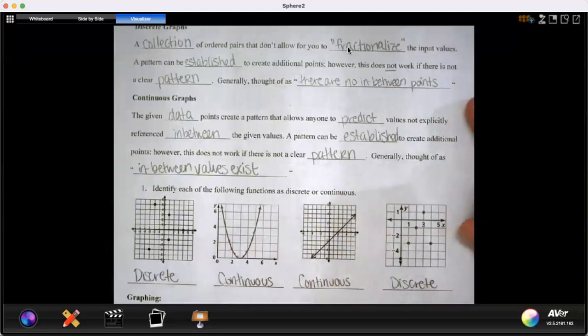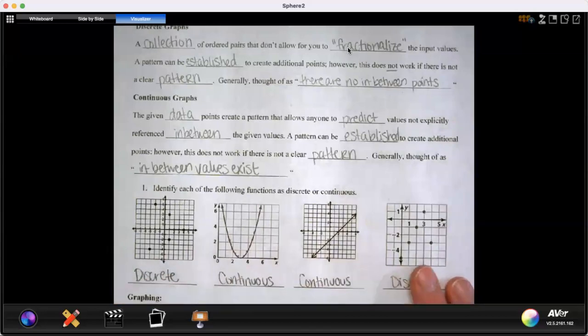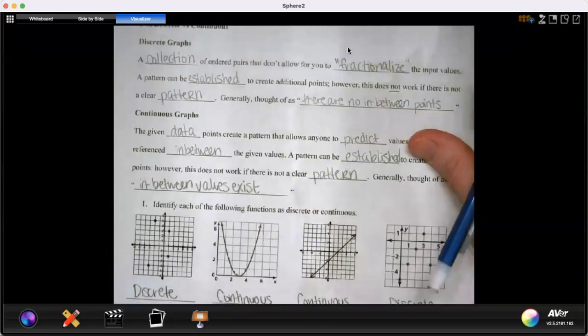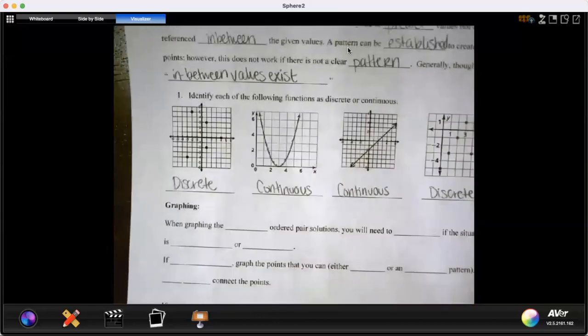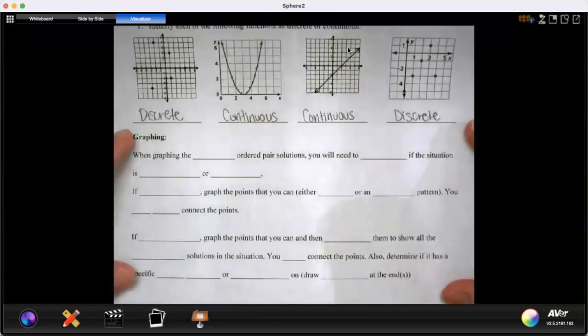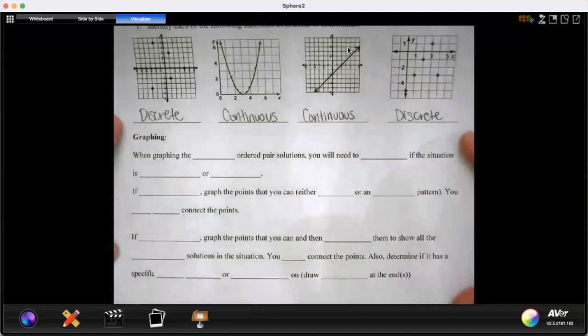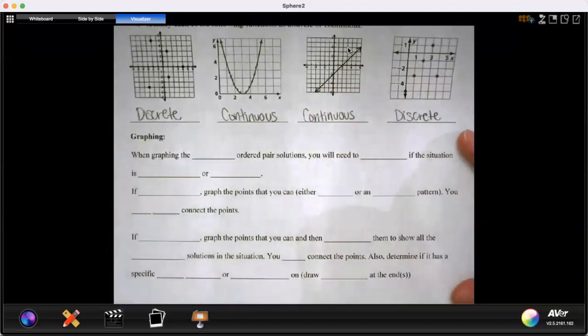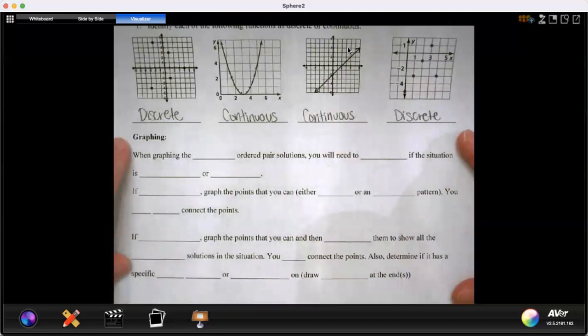So we talked a little bit about what it looks like on paper here with the graphs. Below, let's just fill in a little bit more information about what that looks like when we're graphing. I already talked about it. Let's put it here in definition. So graphing.